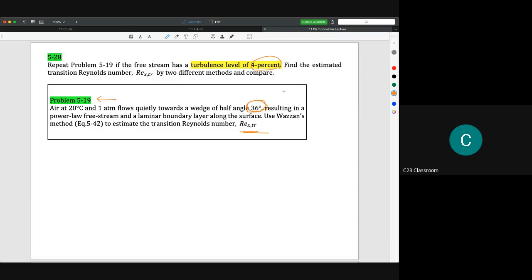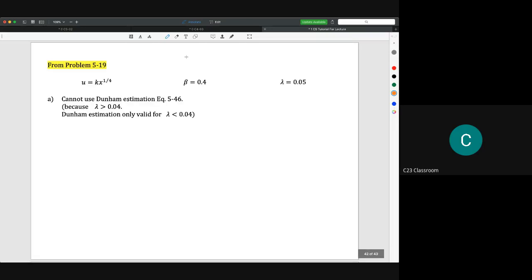We have an equation to be integrated. From problem 5.19, we could get u equal to 4x to the power of 1/4, beta is 0.4, and lambda is 0.05. The calculation is shown in problem 5.19.